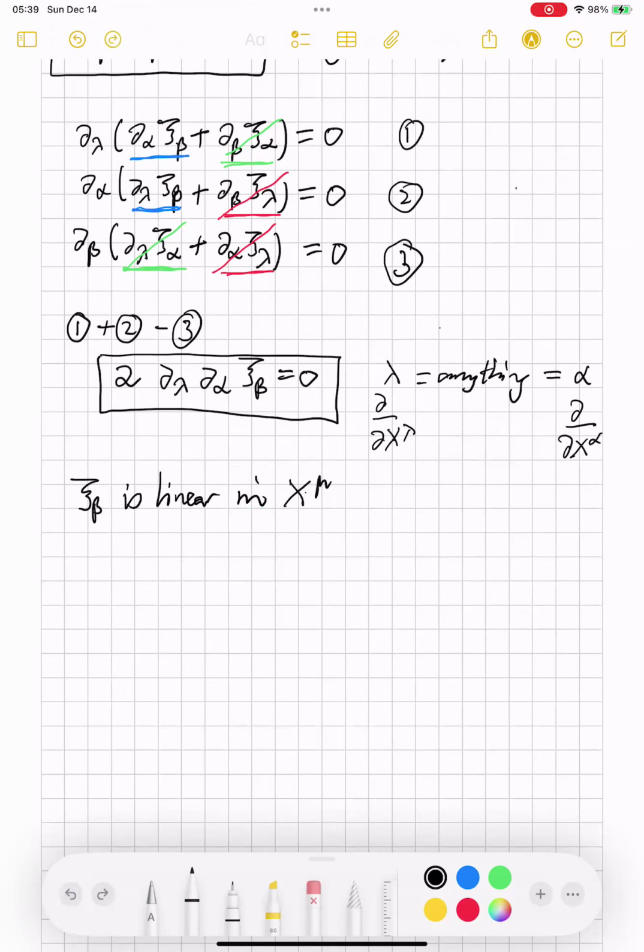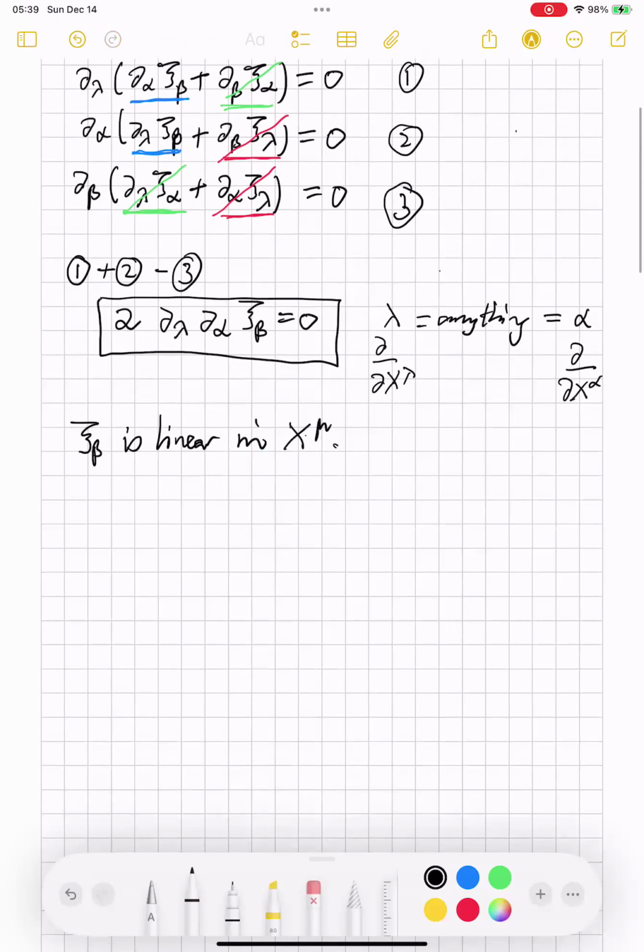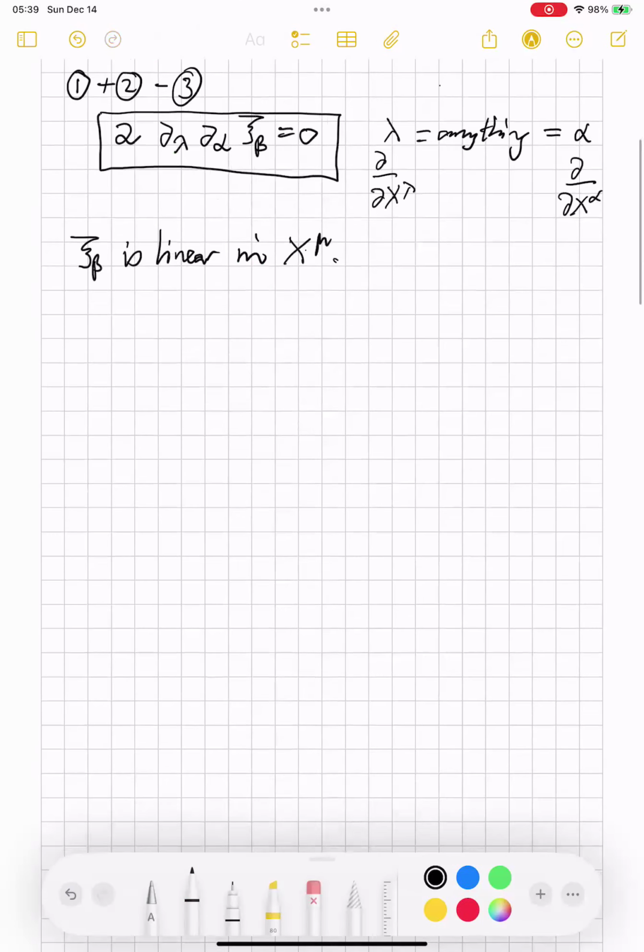And that's a fantastic insight because it now tells me I can write down exactly what ζ_α is. So ζ_α will be, I may have a constant term, A_α, that's perfectly consistent with the boxed equation, and then plus some coefficients, I'll call it ω_αβ, times x^β.